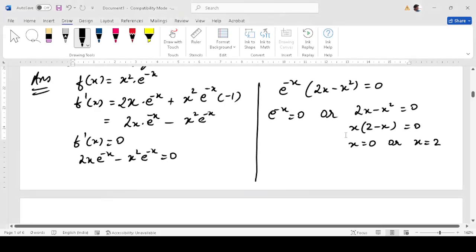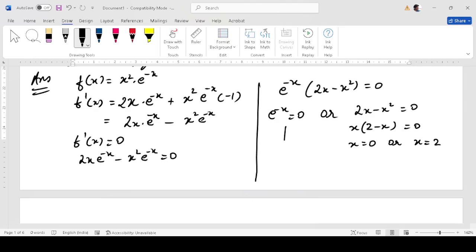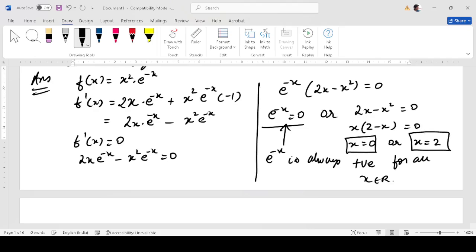So we have three critical points per se, but this particular value e power minus x is always positive, at least for all x belonging to real numbers. So we just skip that and focus on x equals 0 and x equals 2.